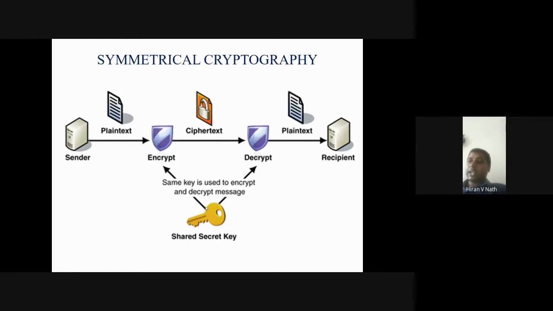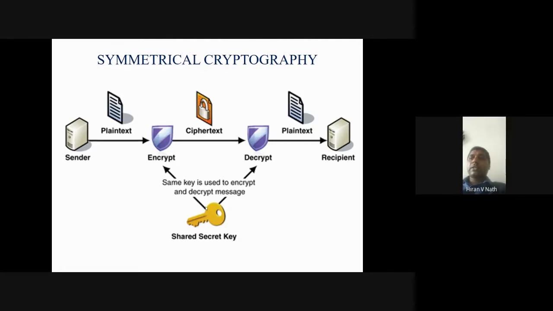Even though we say the algorithm has to be public in a cryptographic system, in the majority of cases it is public, but certain defense-critical organizations have their own proprietary algorithm which they make for themselves. Apart from that, the algorithm would be public.